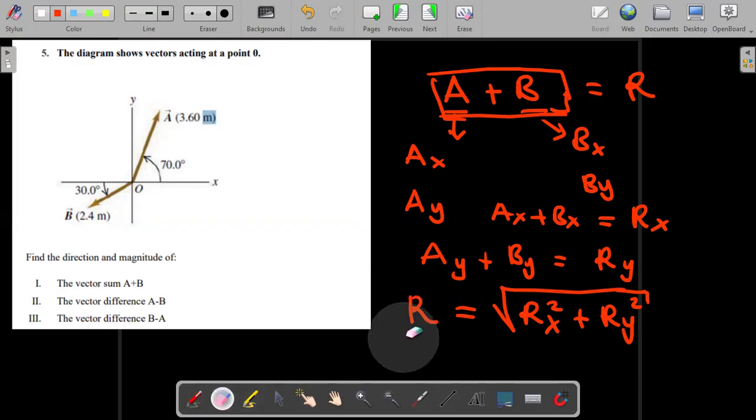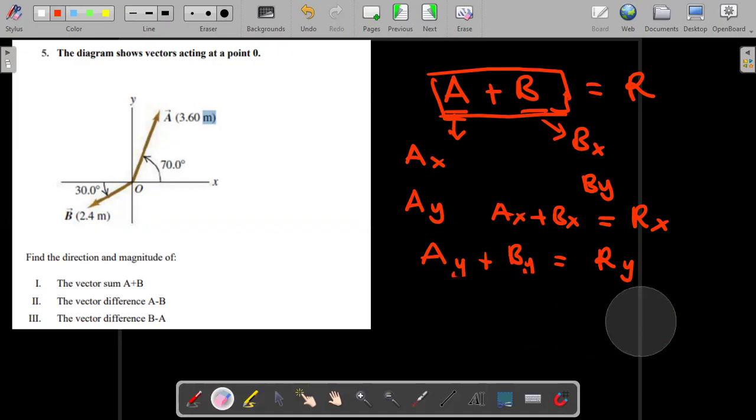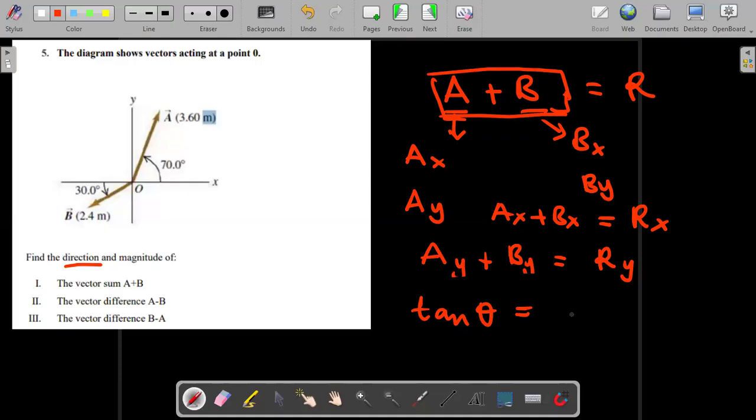Another thing you must notice is that you are also asked to find the direction, and the direction is given by the angle. To find the angle, you always say tan theta equals the resultant y component, Ry, over the resultant x component, Rx.